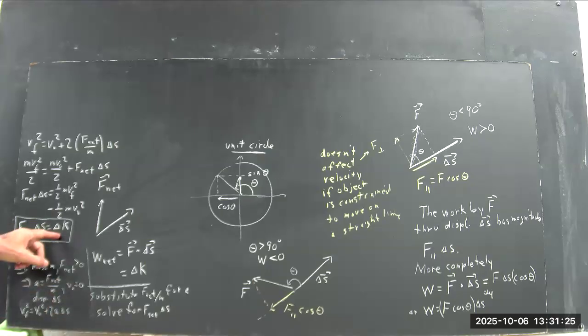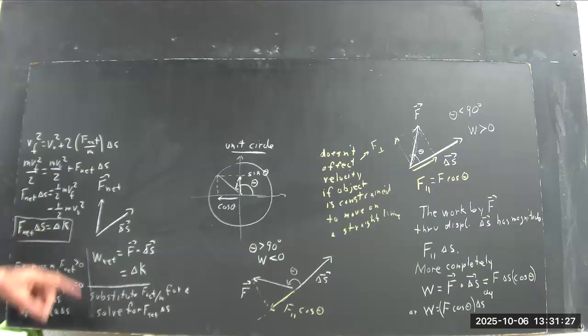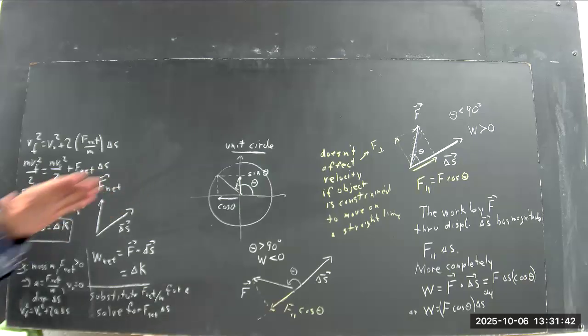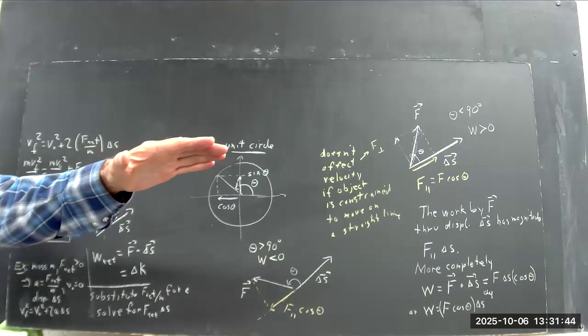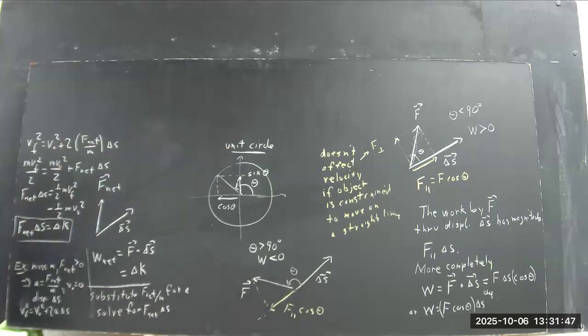Which is a change in kinetic energy. And that's your basic work energy theorem. And it can be extended to vectors. Could be F net dot delta S. Your acceleration would still be, if you're constrained to the path delta S, straight line path, you would have it.